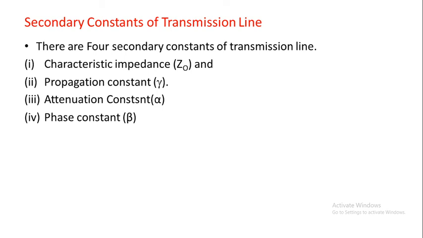So basically there are two secondary constants, characteristic impedance Z0 and propagation constant. These two are very important because we require maximum power transfer, and for that matching is important, and that's why the characteristic impedance plays a vital role.